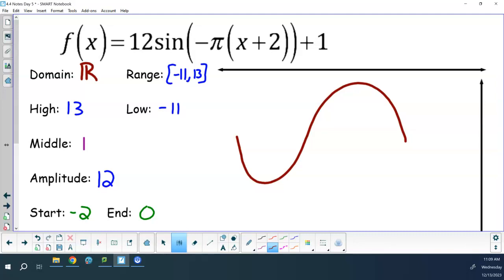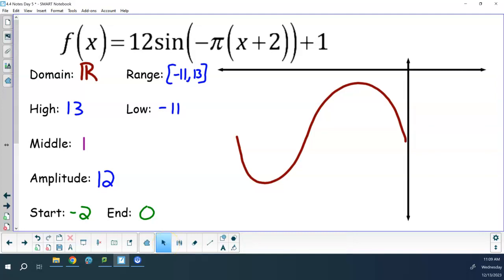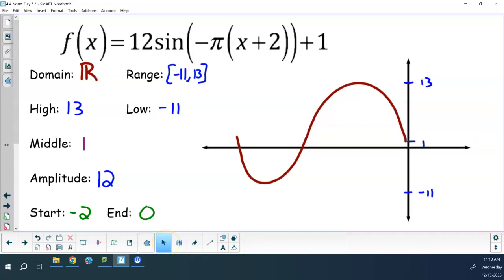So then we can adjust our vertical axes. That can go to there. So the middle then here would be 1. My high would be 13. My low would be negative 11. Which then would put this one somewhere kind of right in there. Ish.